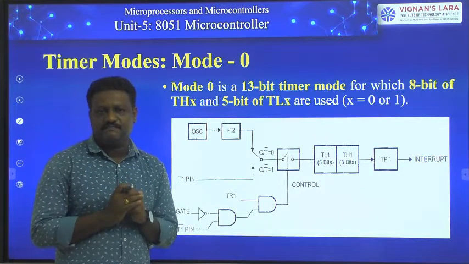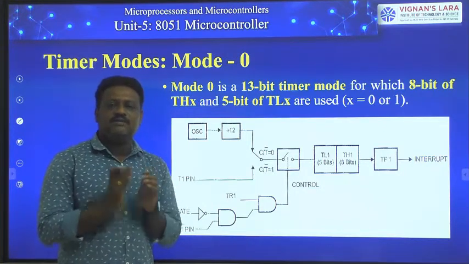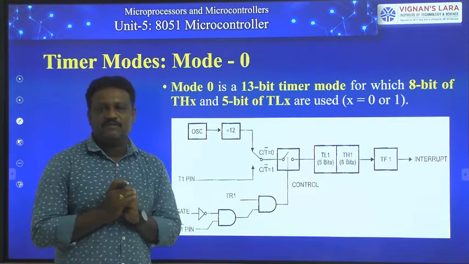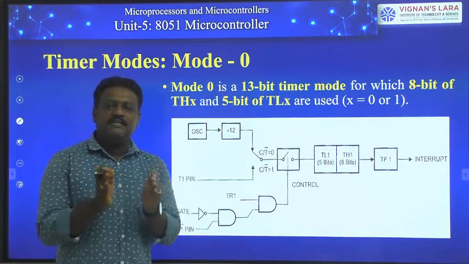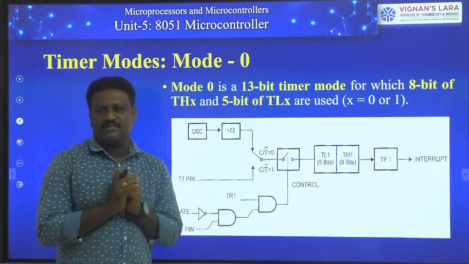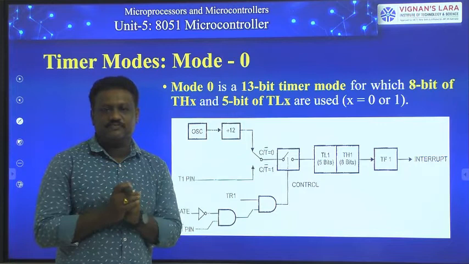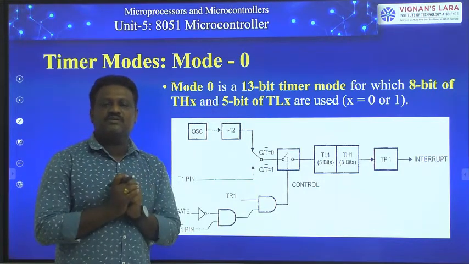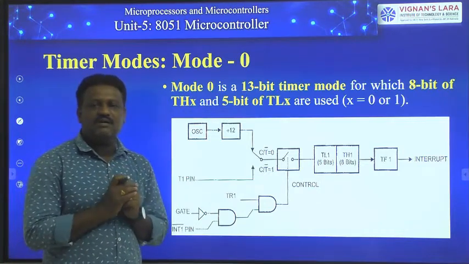We know that. In today's class, I would like to discuss the timer modes of operation in the 8051 microcontroller. For my entire class, I will consider timer T1 for the modes of operation. The same thing is applicable for timer 0 also. In the timer mode selection register, we use the bits M1 and M0.